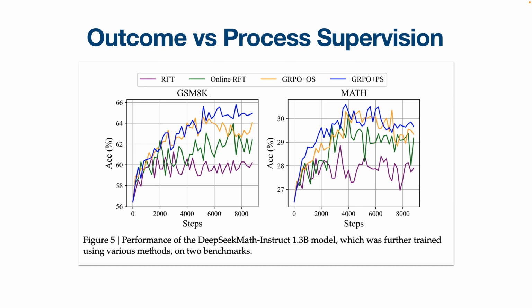This figure compares outcome supervision in yellow, which means a single final reward, against process supervision in blue, which has intermediate rewards. We're seeing a little bit of delta here on the GSM-8K dataset, which is a middle school math questions dataset. But if you ask me, no, these small gains don't justify the overhead. It seems like the recurring theme in the GRPO research is just keep it simple.